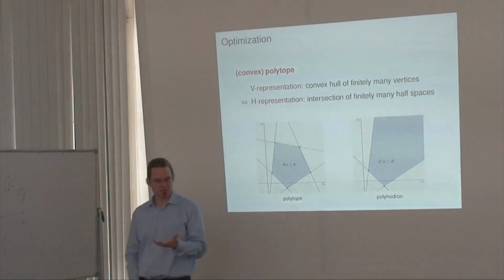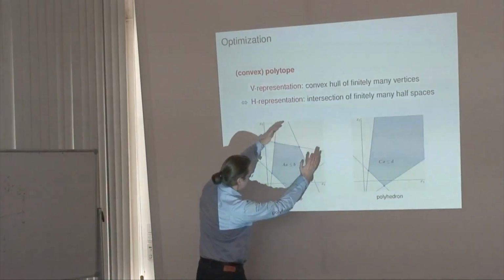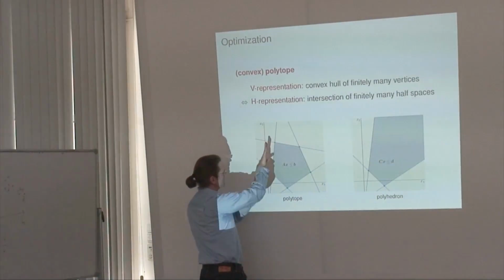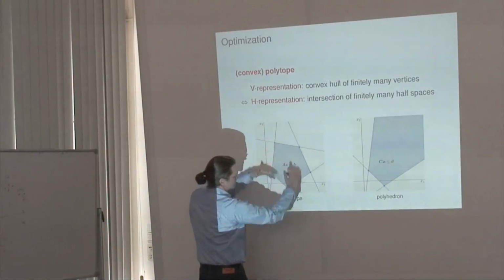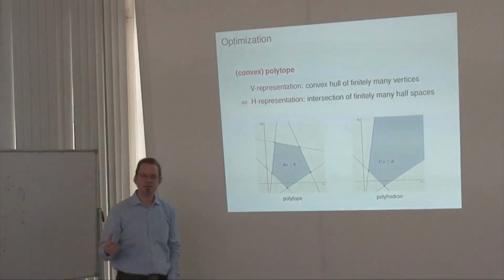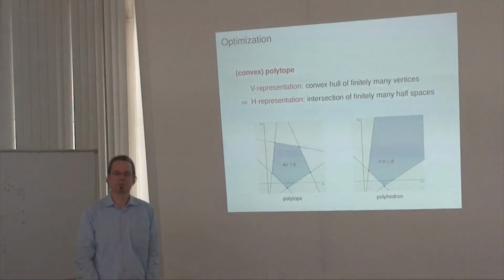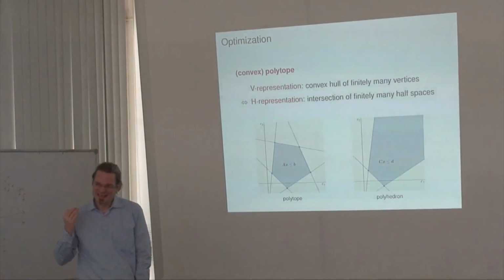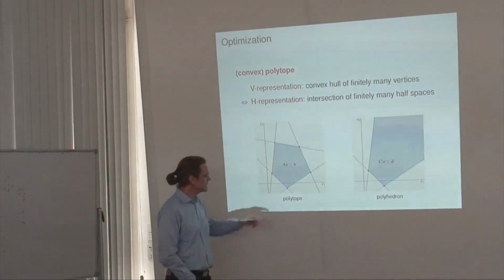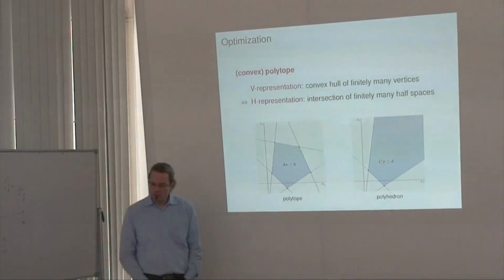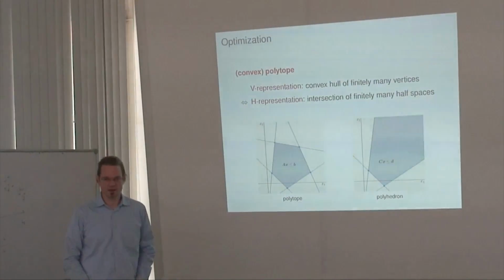If we were to intersect those 5 half spaces, so all the points above here, all the points to the right here, all the points to the left here, and all the points below here, if we were to intersect these 5 sets, we would get this polytope. So in the so-called H representation, for half space, we can understand a polytope as the intersection of finitely many half spaces.